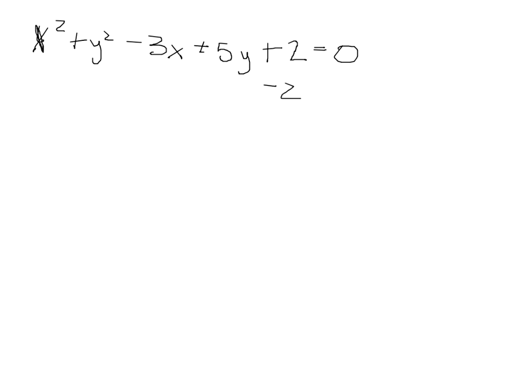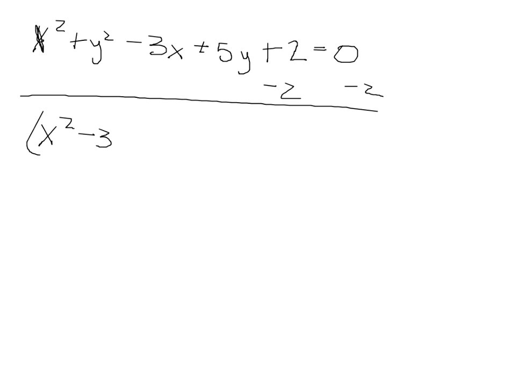All right, let's do one more. So the general form: x squared plus y squared minus 3x plus 5y plus 2 equals 0. First we subtract the 2 from both sides, and then we get the x's together, we get the y's together, and we complete the square.